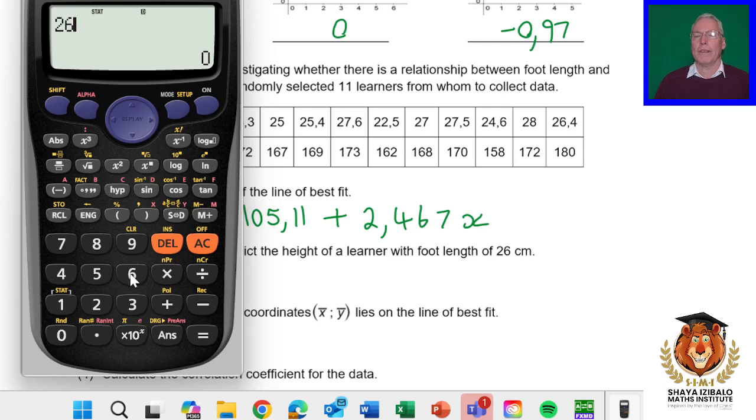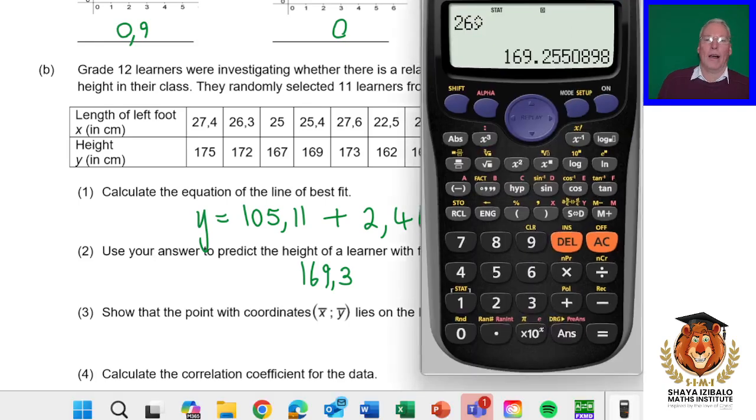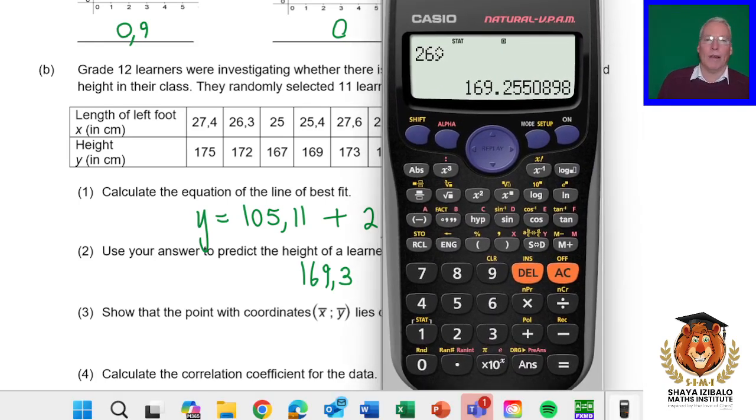The advantage of using the calculator is it's going to use the full accuracy. Then we go shift stat 5 and we go 5 to give us the Y value that goes with 26. And we get 169.3. Then next up, we're going to get the mean of our X's and the mean of our Y's.